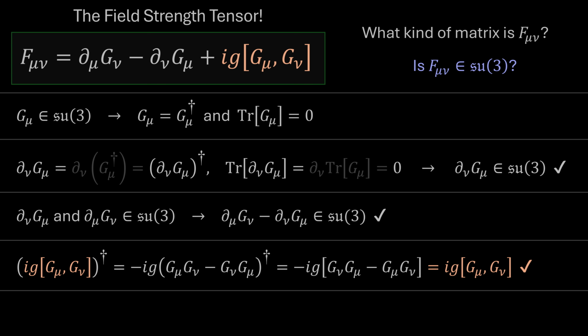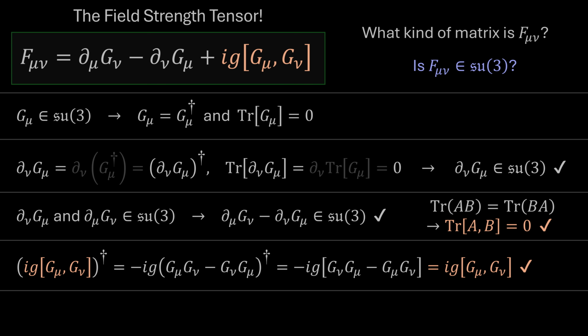But now the question arises, does the commutator term have 0 trace? To see that it does, consider the identity that the trace of the product of two matrices A and B equals the trace of BA. So if you take the trace of the commutator of A and B, you end up with the trace of AB minus the trace of BA, and because the trace of AB equals the trace of BA, those things cancel out to 0.